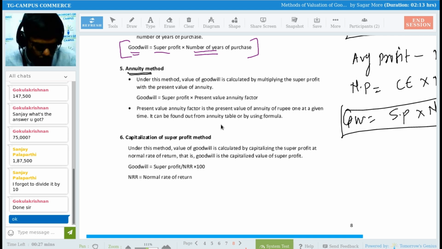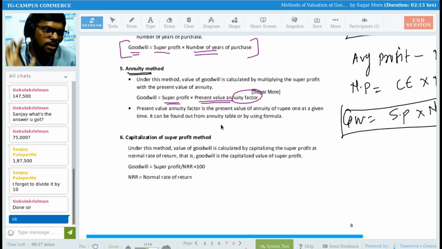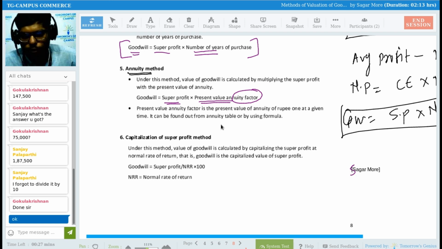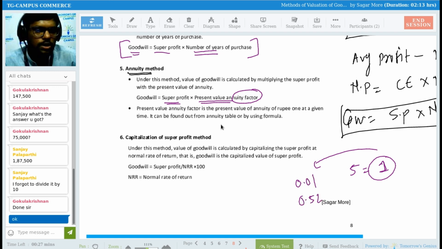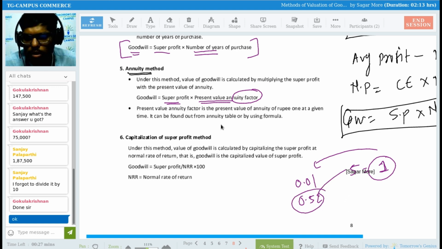So how to calculate goodwill? Goodwill is equal to super profit multiplied by present value annuity factor. This factor is basically given in the question. It is nothing but the value of 1 rupee in the future. If I say that after 5 years you will get 1 rupee, what is the value of that 1 rupee today? That can be 0.52, so today's 0.52 becomes 1 rupee after 5 years.